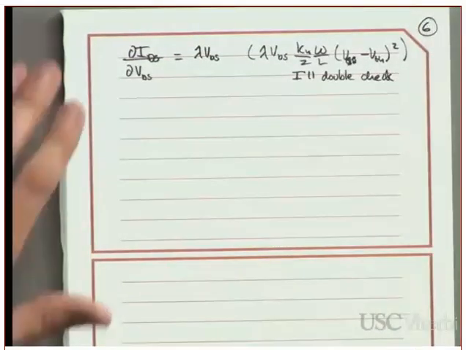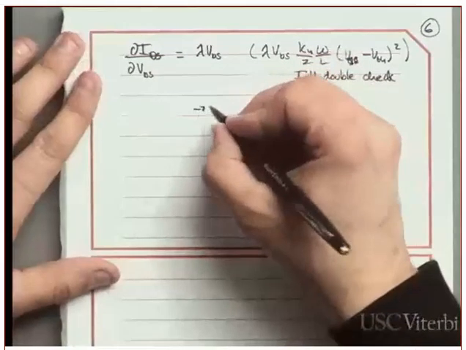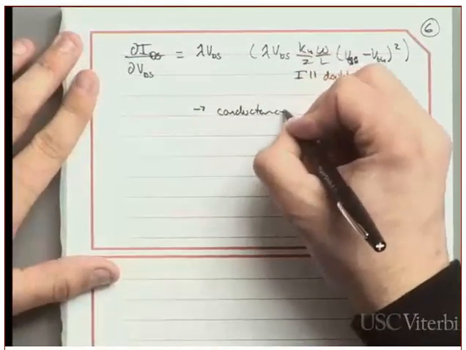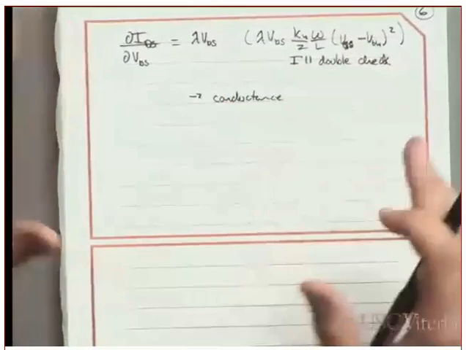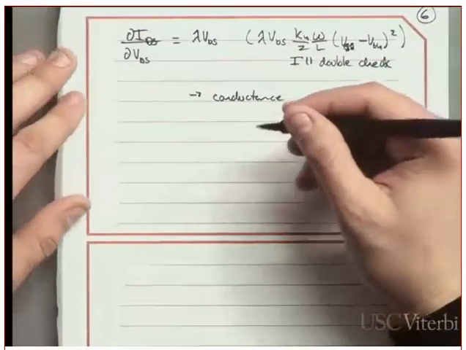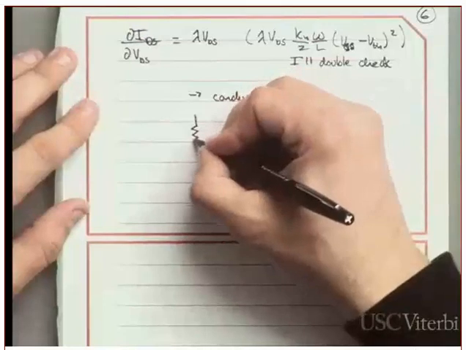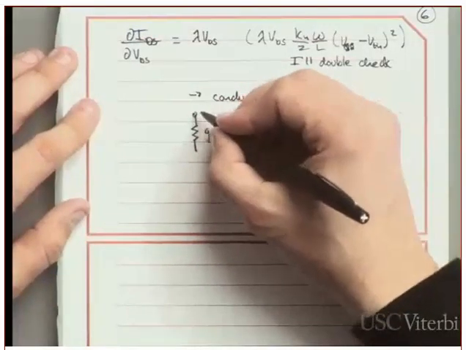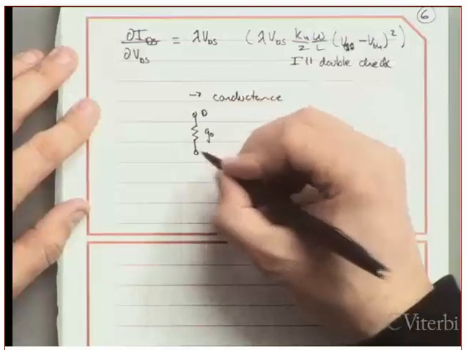Basically, what happens is this is a conductance, and it has a static value for a given Q point. Usually, you call it gO, and it's connected from the drain to the source.